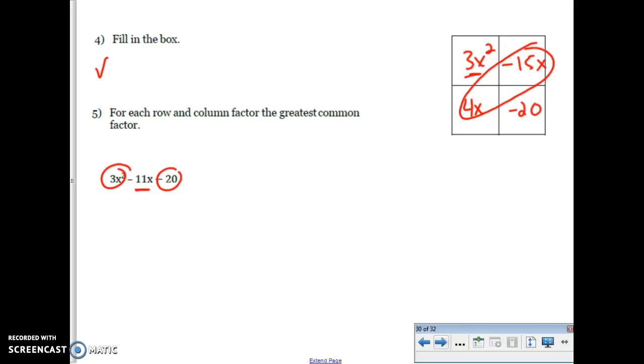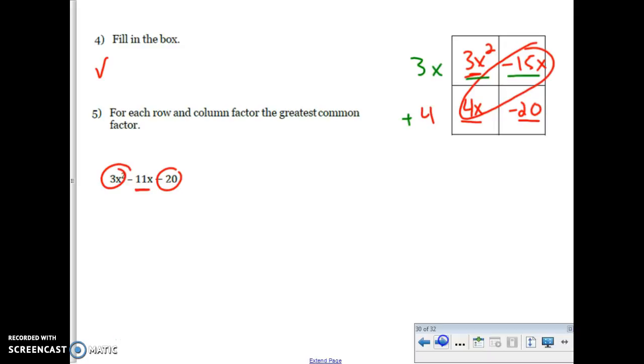Now, for step 5, for each row and column, factor out the greatest common factor. What goes into 4x and negative 20? 4 is the greatest common factor, so I factor out a 4. Looking at 3x squared and negative 15x, 3 goes into both, and x goes into x squared and x, so I have 3x plus 4.